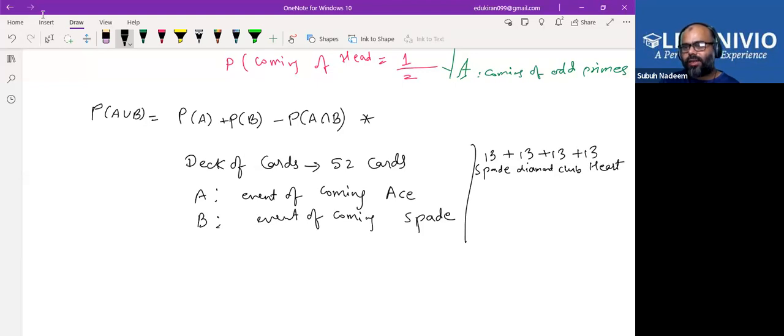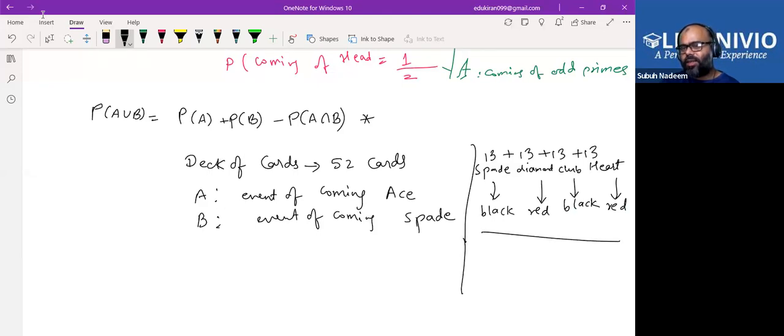So these are the categories, 4 categories. Out of these 4 categories, spade is a set of black cards. And sir, club are also black. Whereas diamond are red and hearts are also red. So 26 are red, 26 are black.